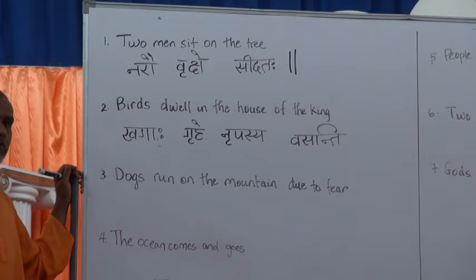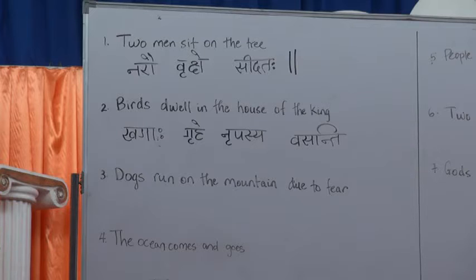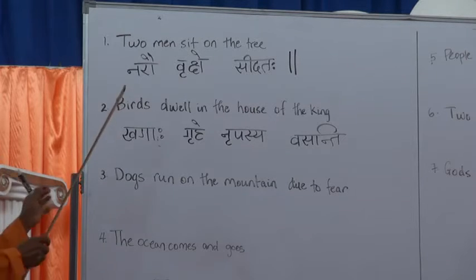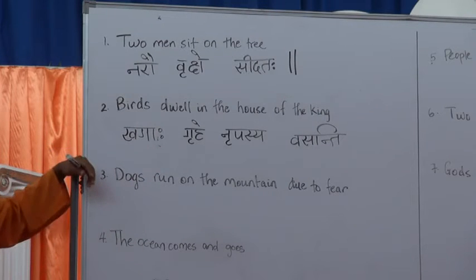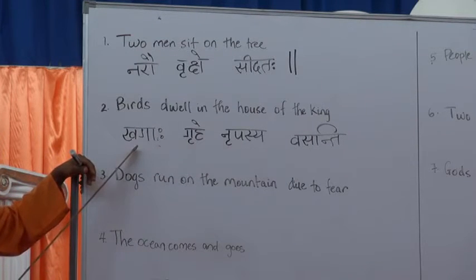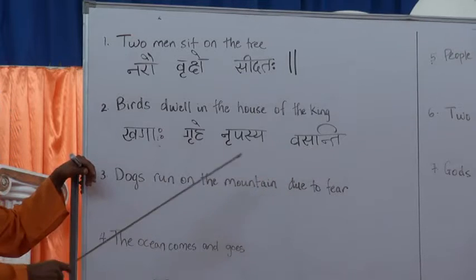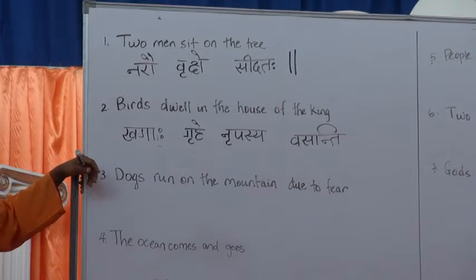Alright. How do you know it is not the king's birds that dwell in the house? From this sentence. No, I'm not talking here. I'm talking here. How do you say the king's birds dwell in the house? So if it were like that, Khagaha would have been what?